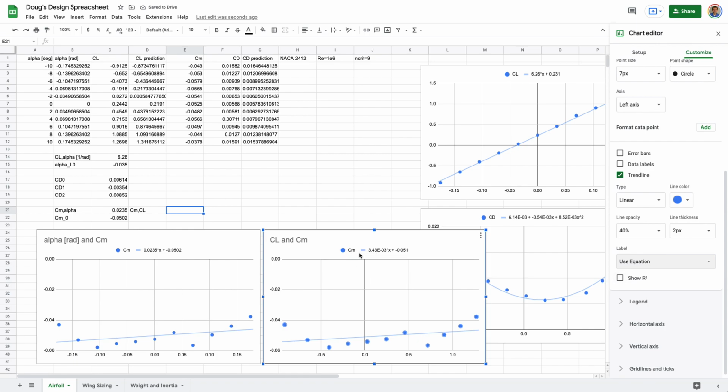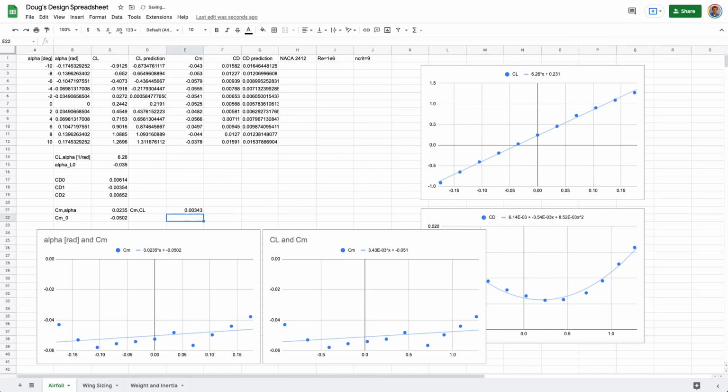So the change in pitching moment with respect to lift coefficient here is 0.00343, and then we'd have Cm at 0 lift. Okay, so the pitching moment when lift is equal to 0 instead of alpha equals 0.